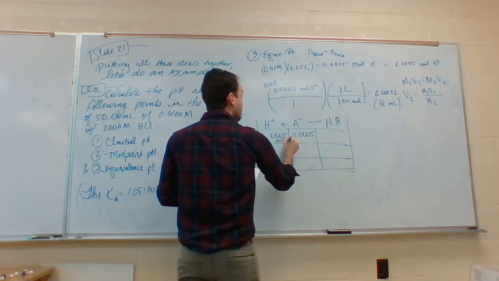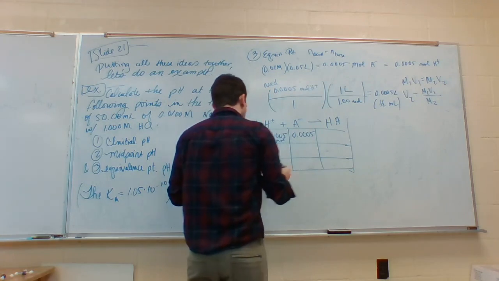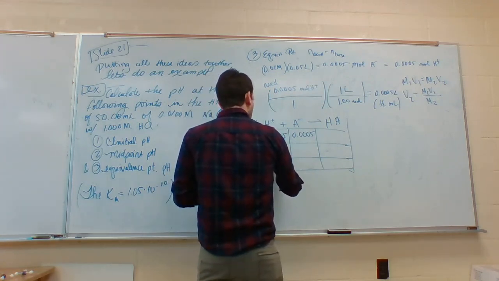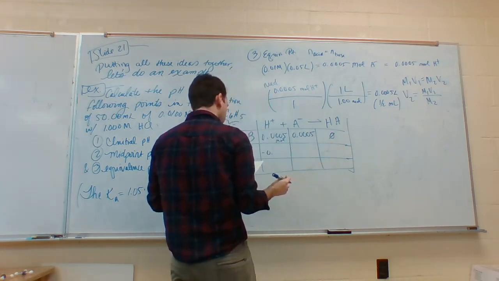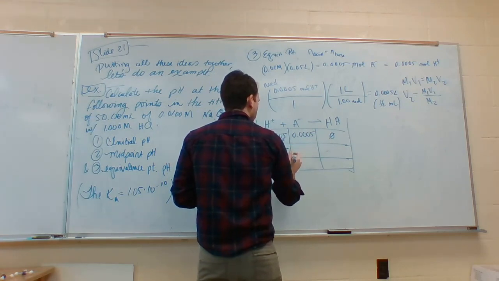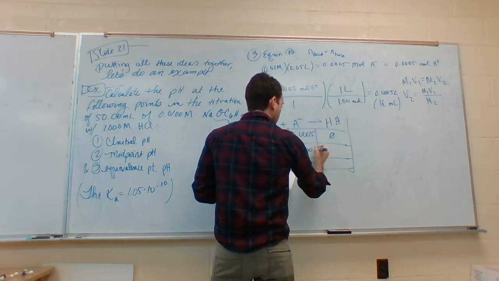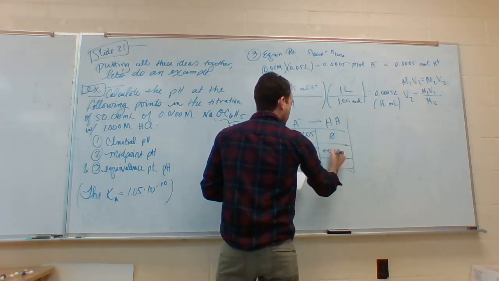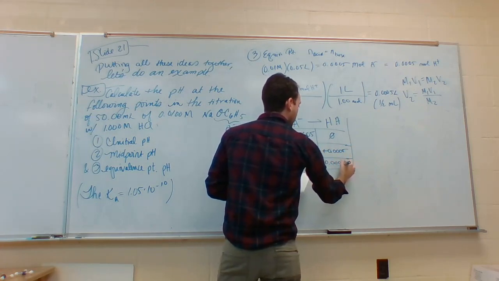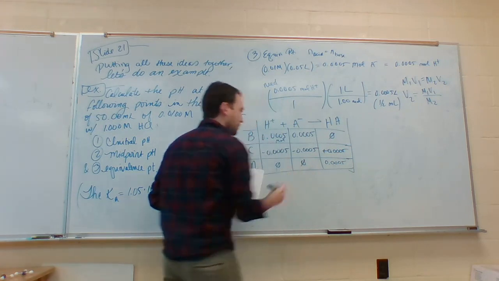And remember, these are in moles. All we've done is plug in our moles because we know that those have to be equal. Then we subtract off our limiting reagent, 0.0005, and we know that we started off with none of the HA, so plus 0.0005, which means we're going to have 0.0005 as our amount of HA. This will be 0, and this will be 0.